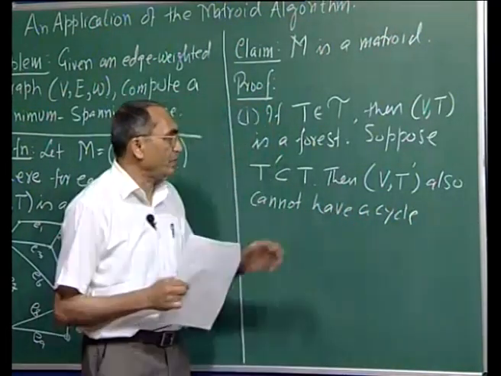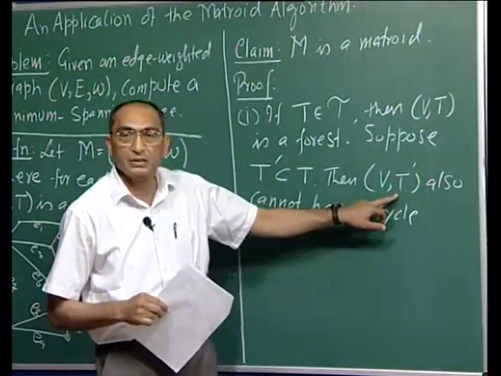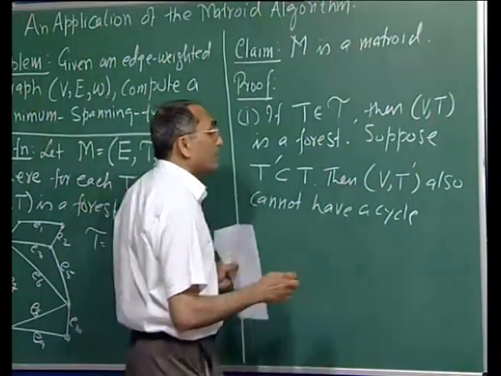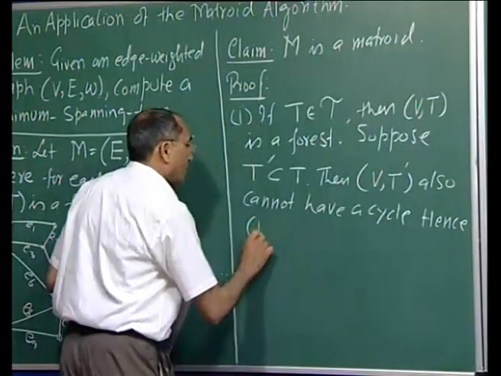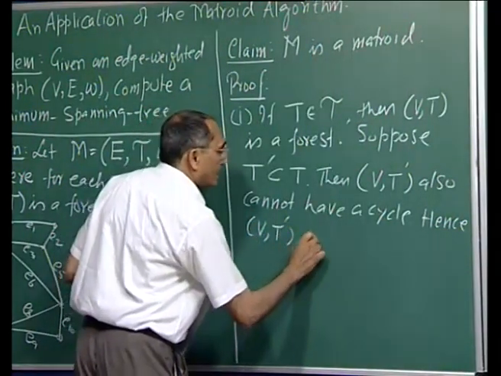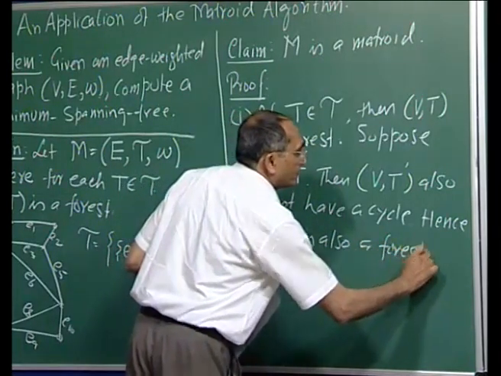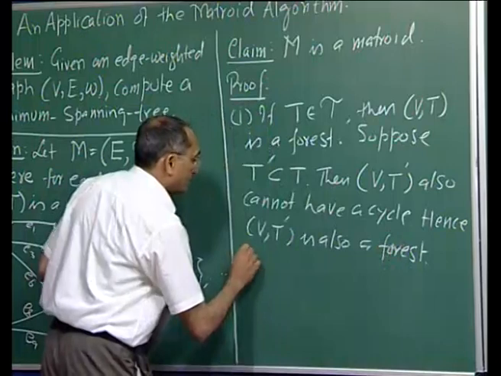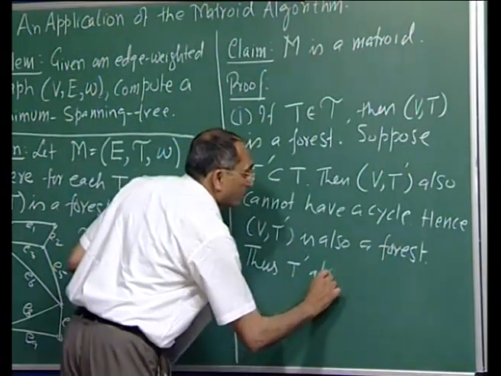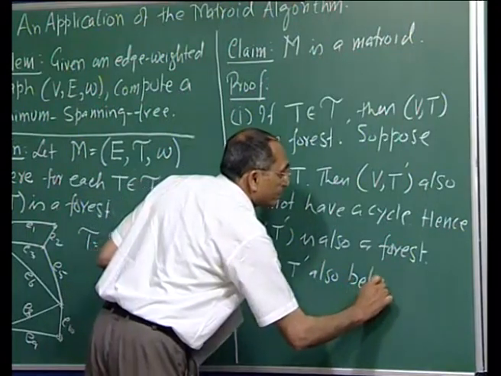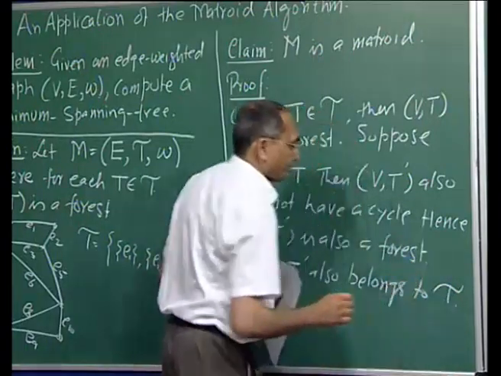The reason is that we have only deleted some of the edges from this graph, hence we cannot have a cycle here. Hence (V, T prime) is also a forest. Thus, T prime also belongs to script T.